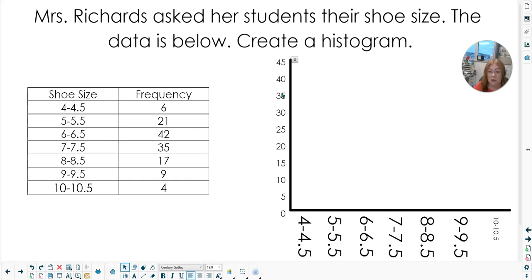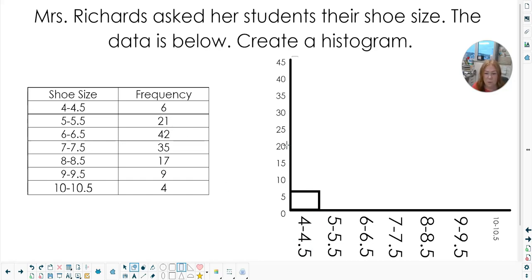So now, once your chart is set up, we're going to make our bars. Remember, the bars have to touch. We're making those rectangular pieces, and it needs to fit over each one. I don't want to end my chart here and still have numbers over here. Every one needs to go over its own space. So this one, we're going to go up to 6. So I'm just looking. Here's about 6, and right, it's covering that 4.5 area.